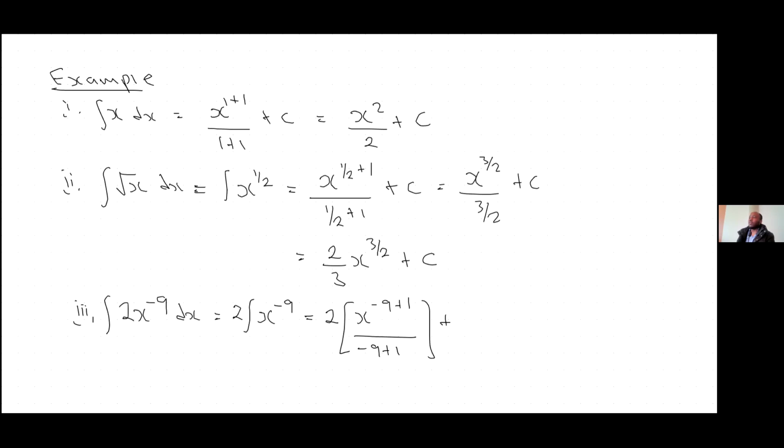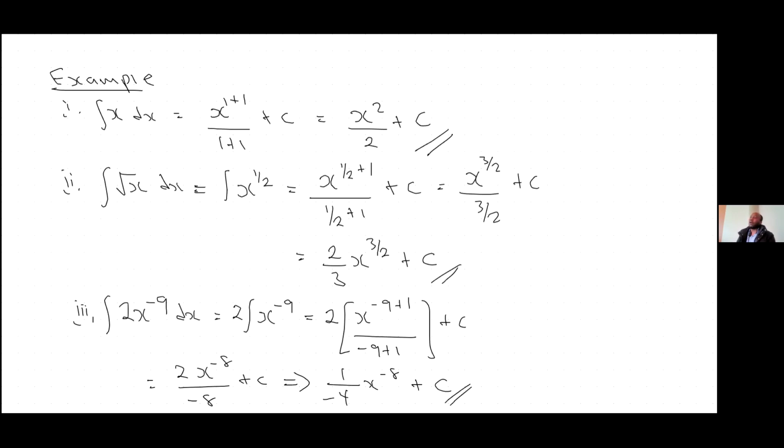That will be equal to 2 into bracket x to the minus 8 divided by minus 8, plus c. Then we can simplify this to be 1 over minus 4 x to the minus 8 plus c. And that will be the answer for that.